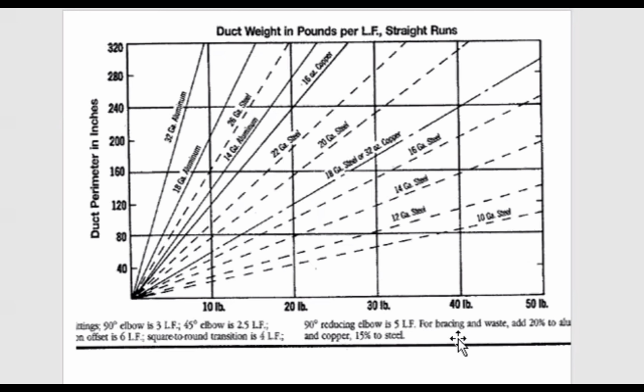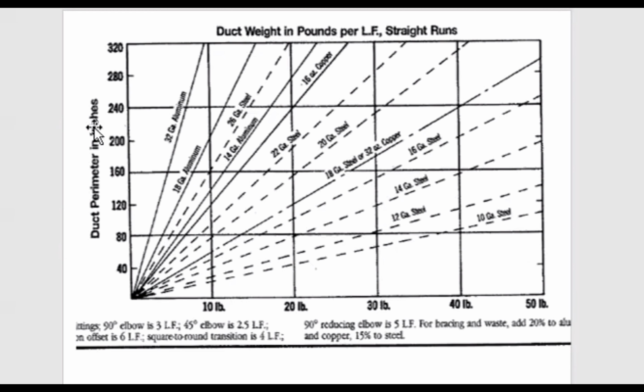Particularly if it's aluminum or copper or softer metal that could get damaged more easily than steel. If we're using steel, we can use 10 to 15% as the estimated waste in terms of finishing up that ductwork. But anyway, this is a key graph to learn.